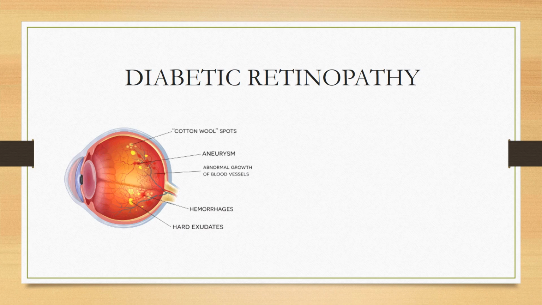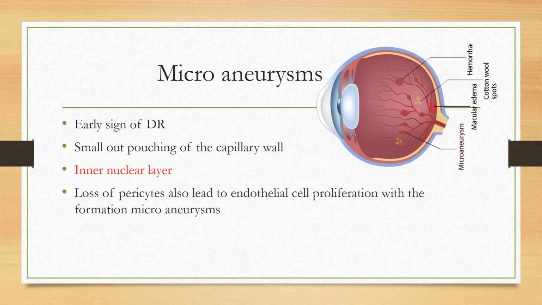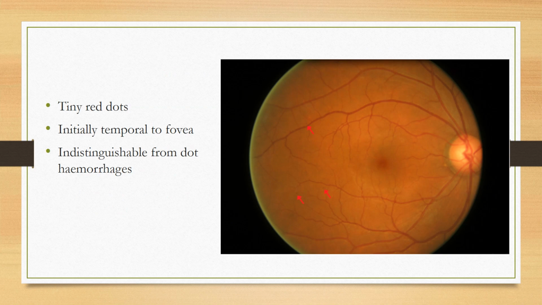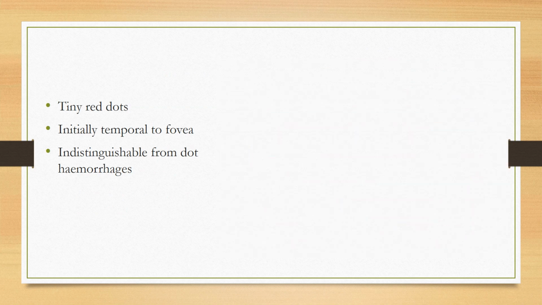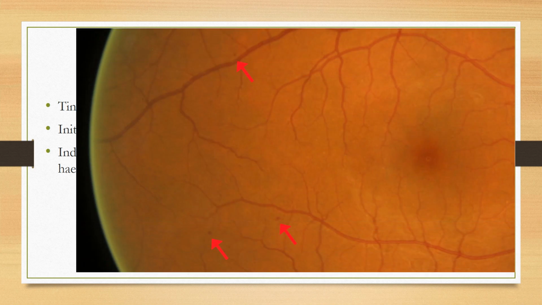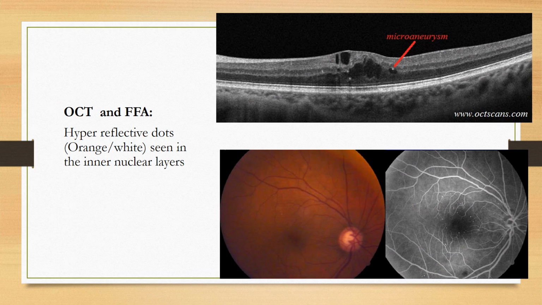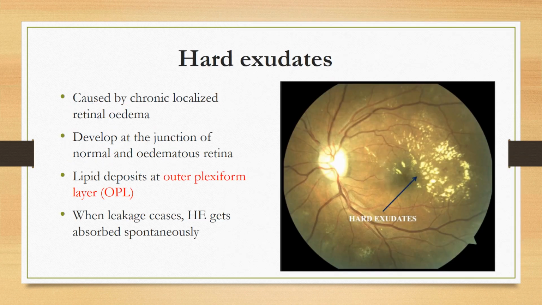Before going into our class, I just want to recap the previous class. In the last class we discussed what a microaneurysm is, which is just a pouching of capillary walls that you see as tiny dots. These are the FFA and OCT images of a microaneurysm.